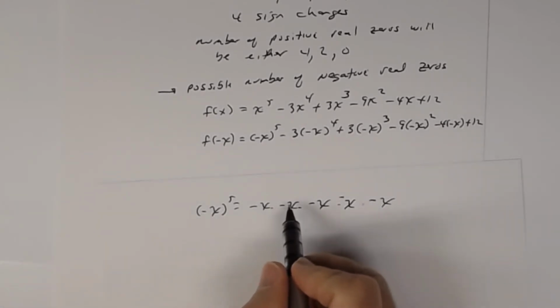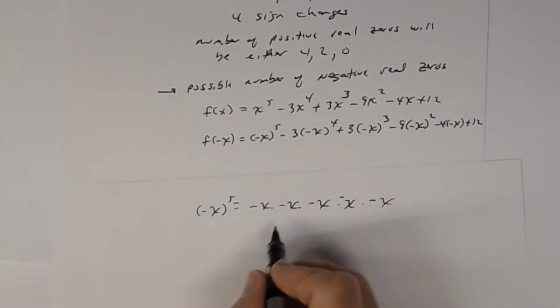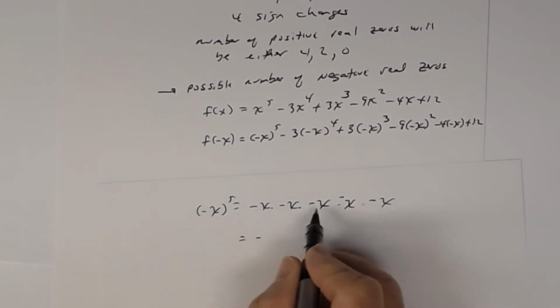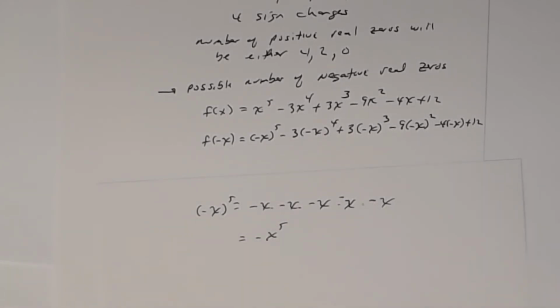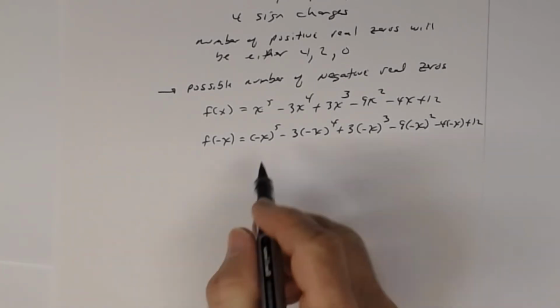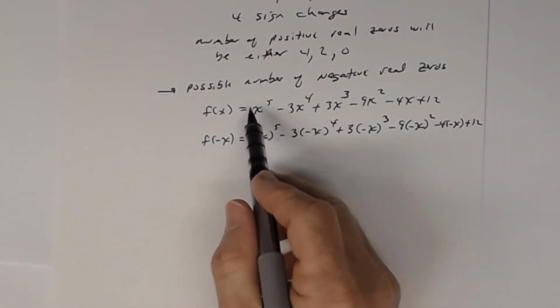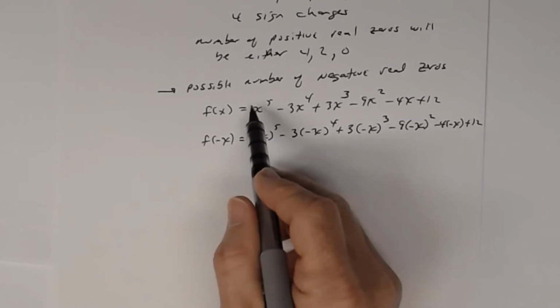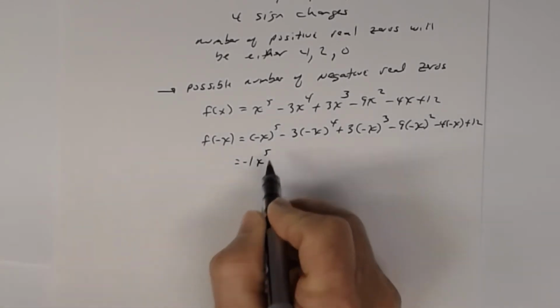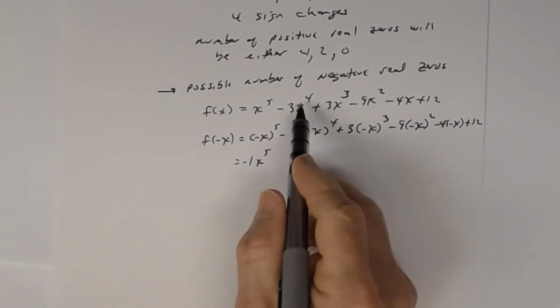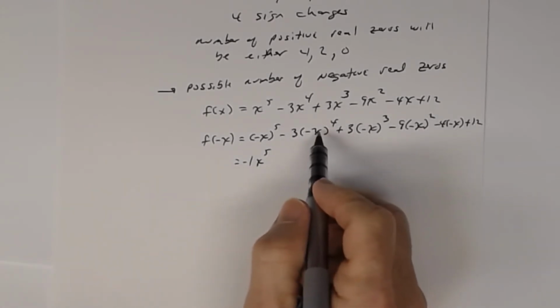Well, a negative times a negative times a negative times a negative times a negative is a negative. X times x times x times x times x is x to the 5th. So that's just negative x to the 5th. But that was our discussion earlier. Remember that? See, this is odd right here. So that means that 1 becomes a negative 1. Remember that? And then negative x to the 4th is just x to the 4th.